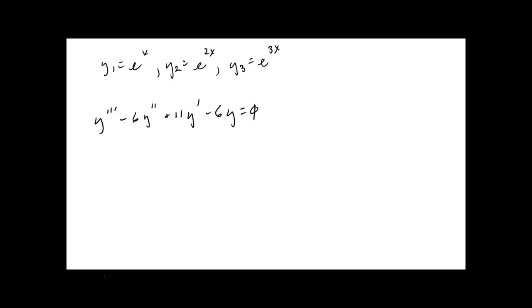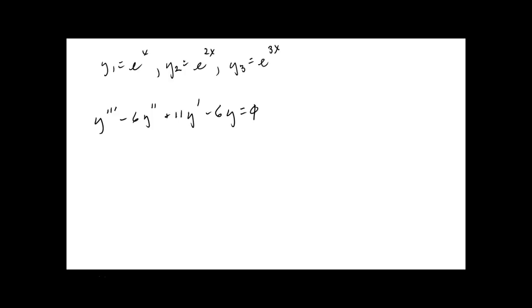So 8 minus 24 is minus 16. Plus 11 y prime, that was 2, so plus 22. So minus 16 plus 22 is plus 6 minus 6. Yeah, that adds to 0.